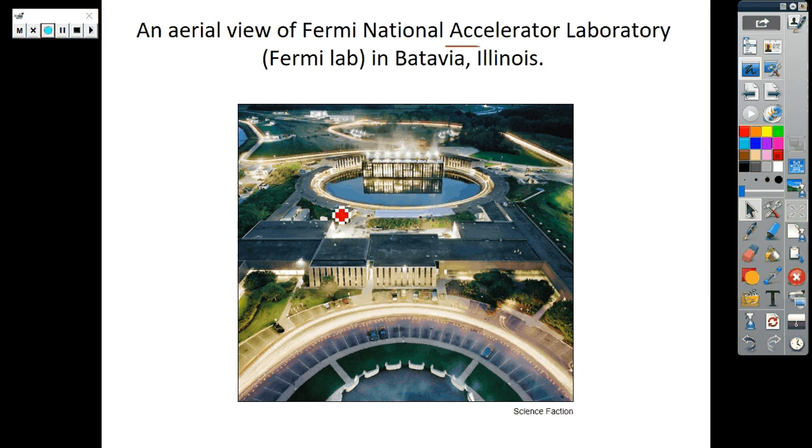And you can't really tell a whole lot from this aerial view here, but this cooling pool here, if you go underground in this facility, there are tubes in this facility that go around underneath this cooling pool, and there are really powerful electromagnets all along those tubes that can push particles around that tube really, really super fast.